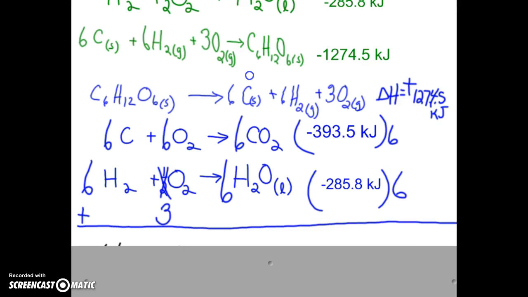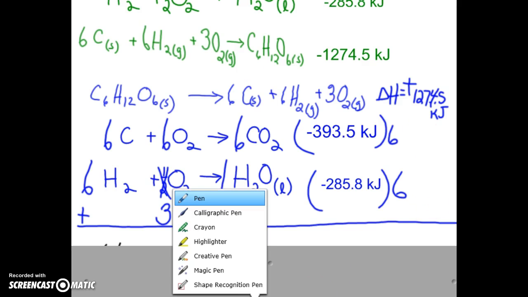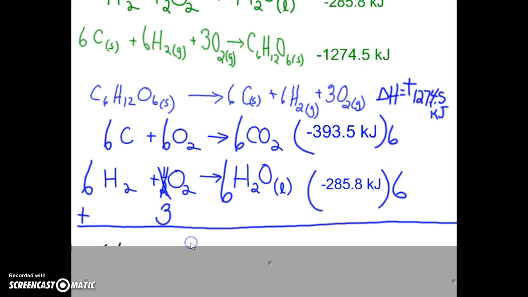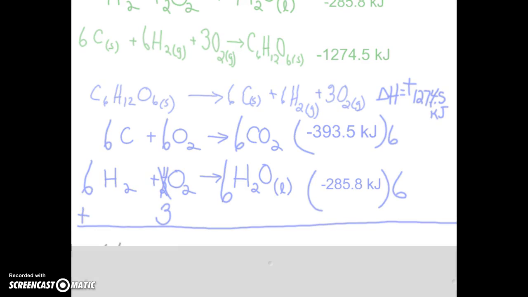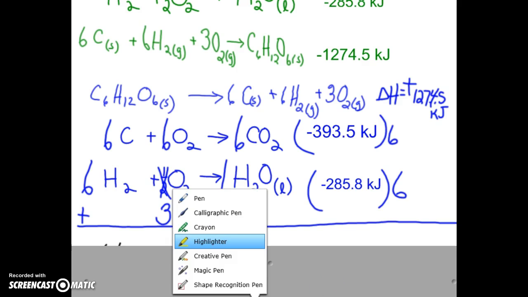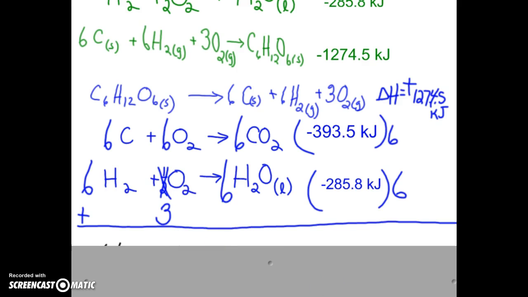When we add them all up together, we'll see that there are some things that are common to both sides. And so really, like when you add up an algebraic equation and there are terms common to both sides, we can cancel out like terms. So if you'll notice, on the product side, there are 3 oxygens here, and there are 3 oxygens here.